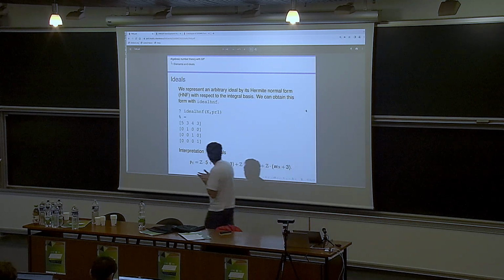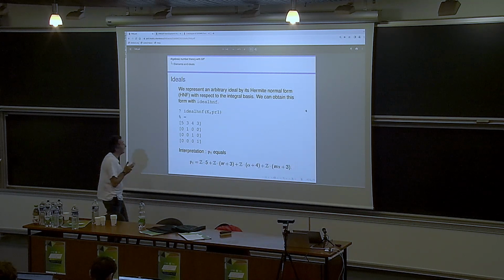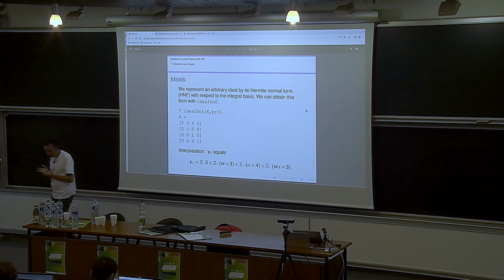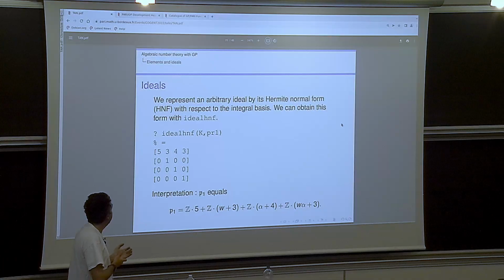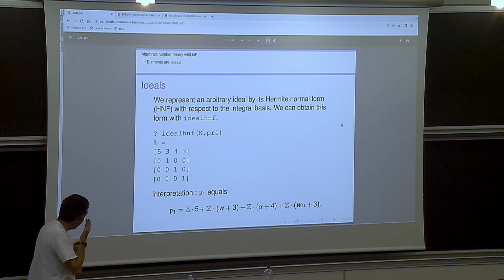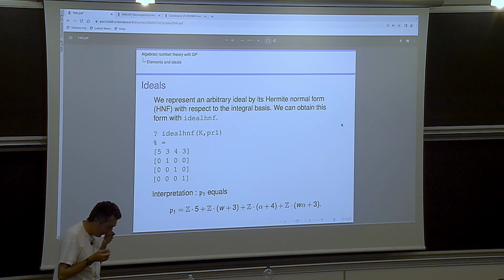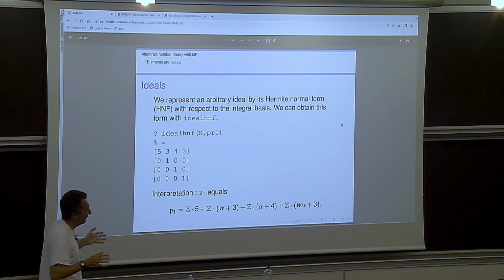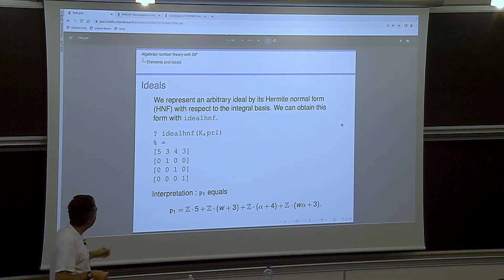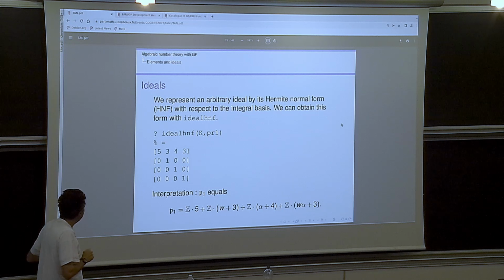If you want more general ideal, we represent them by the Hermite normal form. So what's an ideal? It's a submodule of the ring of integers, and so in particular it's also a Z module of maximal rank. So it can be represented by a Z basis, and we can have the Z basis in Hermite normal form.